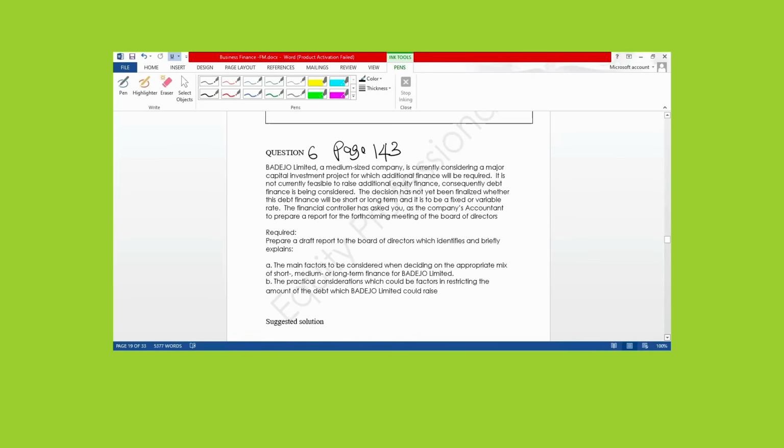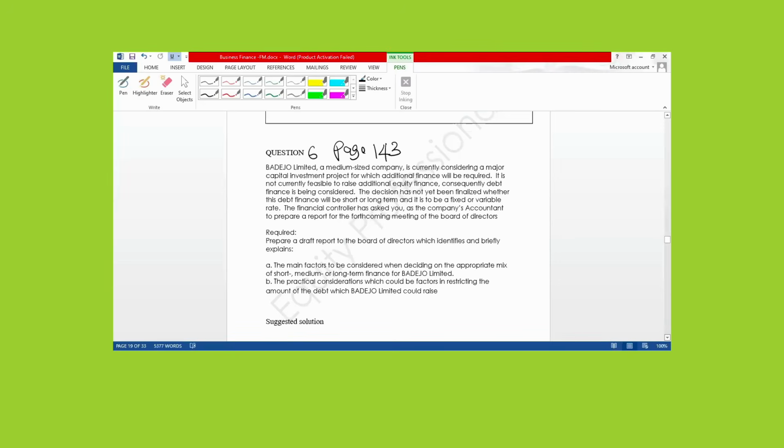Badejo Limited, a medium-sized company, is currently considering a major capital investment project for which additional finance will be required. It is not currently feasible to raise additional equity finance.